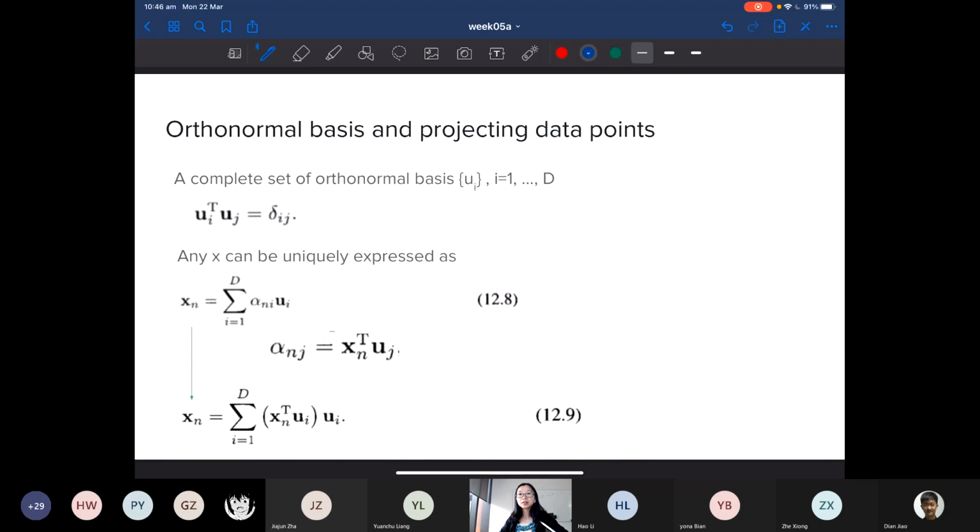So assume now we have a complete set of orthonormal bases u sub i, i goes from 1 to D. It's formally written as u_i transpose u_j equals the delta function of i and j, where the delta function means it's 1 when i equals j and 0 otherwise. Basically what we wrote on the top right-hand side of the slide a few slides ago.